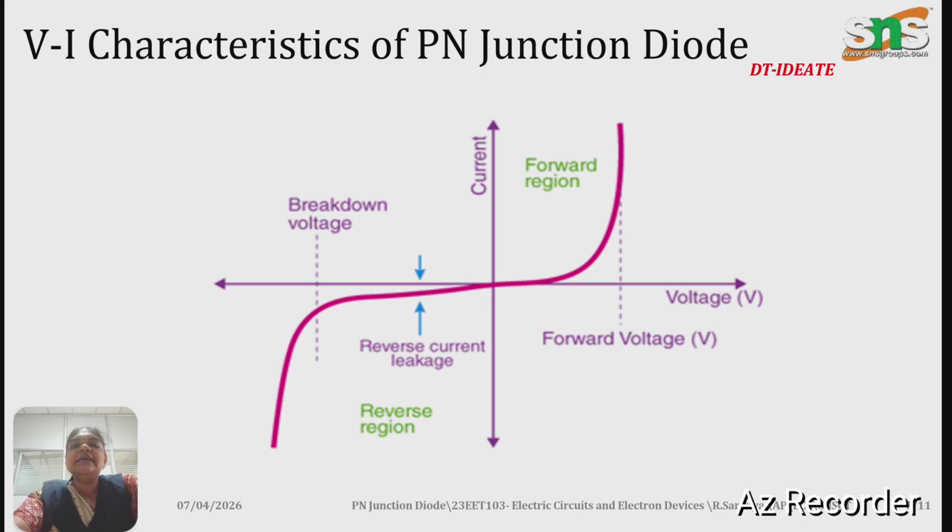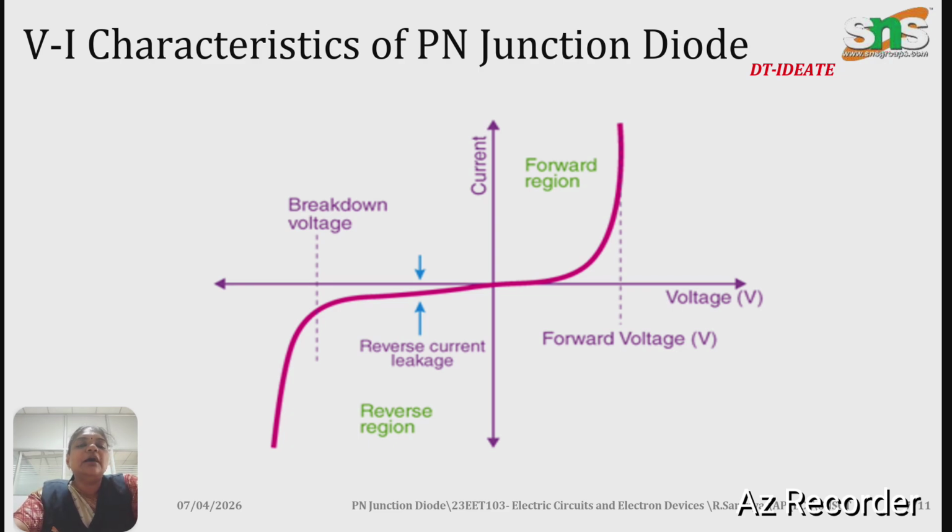Based on the reverse biasing and the forward biasing, the VI characteristics curve of a PN junction diode can be explained. If you see the graph, in the forward voltage, that is when the positive is connected to the P-type material, forward biasing takes place.